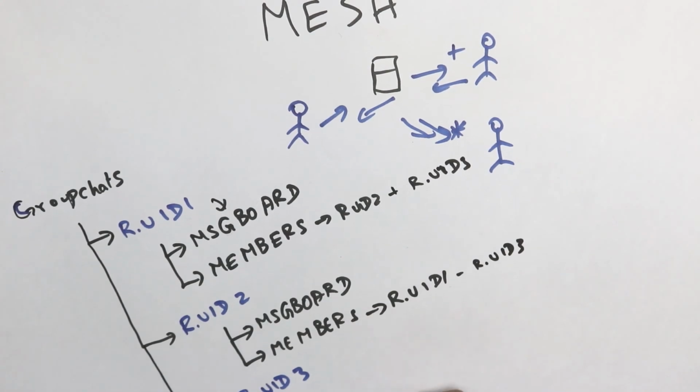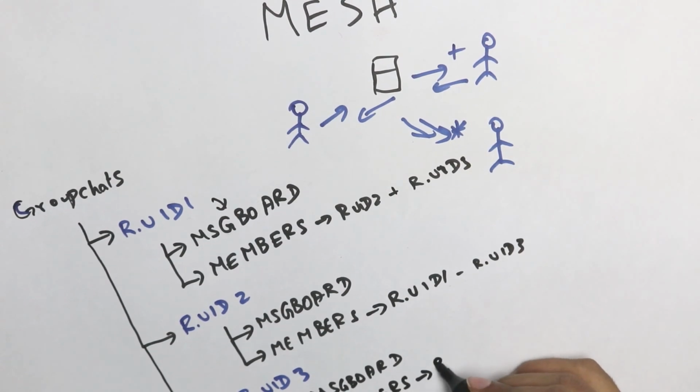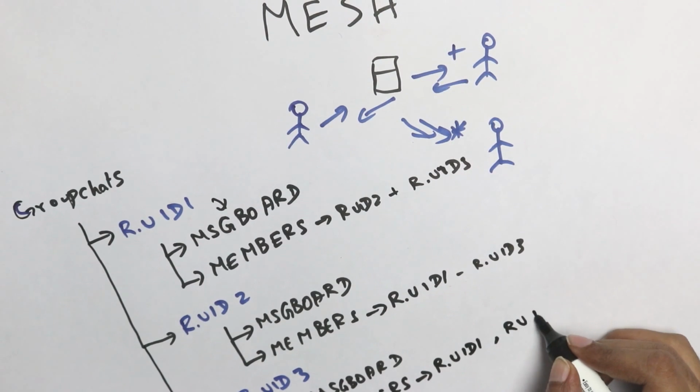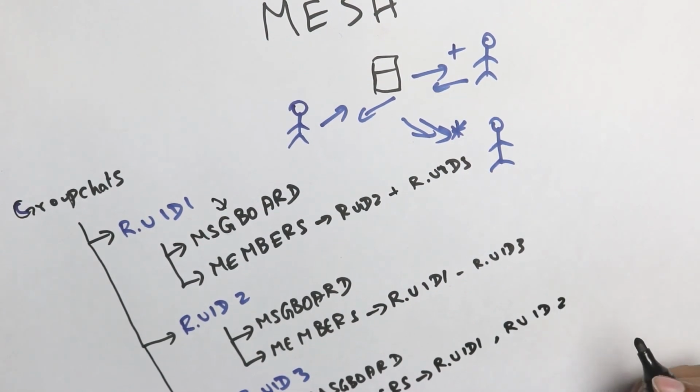So this will have a message board and a members list. This members list will have RUID 1 and RUID 2, right?